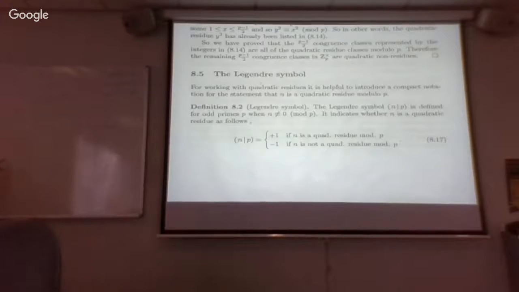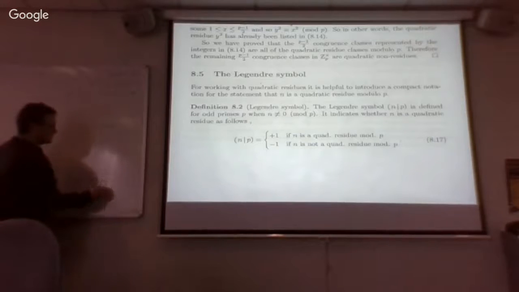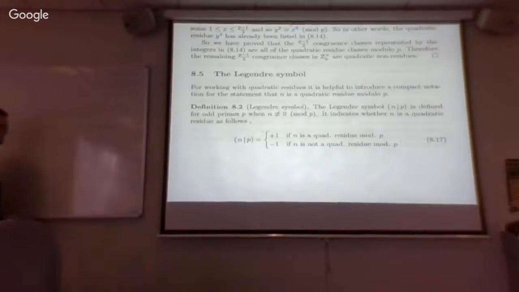You've got p in the second place, but the argument of the function goes in the first place. It's a function from the set of congruence classes modulo p to the two element set plus and minus 1. Answering the question of when n is a quadratic residue modulo p then becomes a question of understanding how this function behaves, and trying to get results about how we might evaluate this function on any given argument. It just gives us ways to think about the problem.